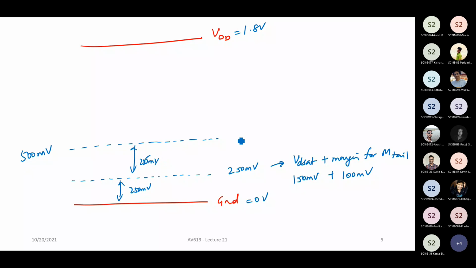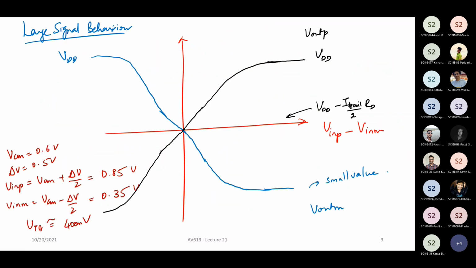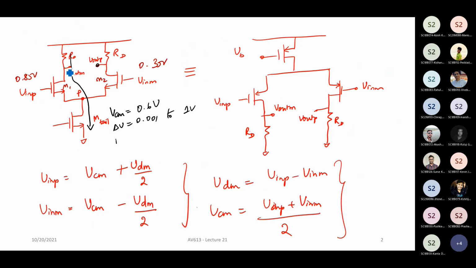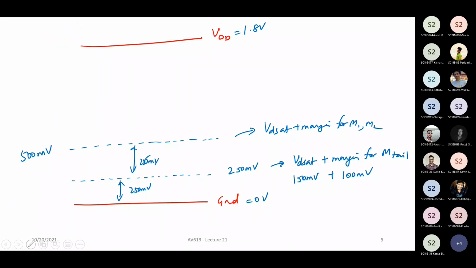So this is basically the VD sat plus margin for M1 or M2, correct? If you look at this particular circuit, this output node voltage now has only this much room to swing, which is 1.8 minus 0.5, which is 1.3 volt.